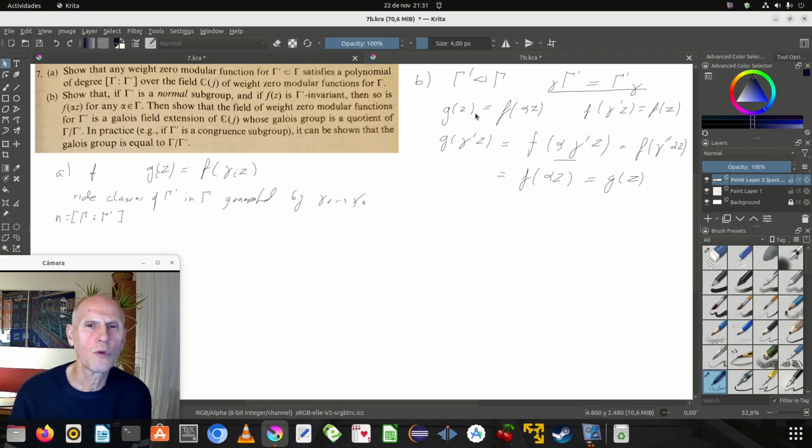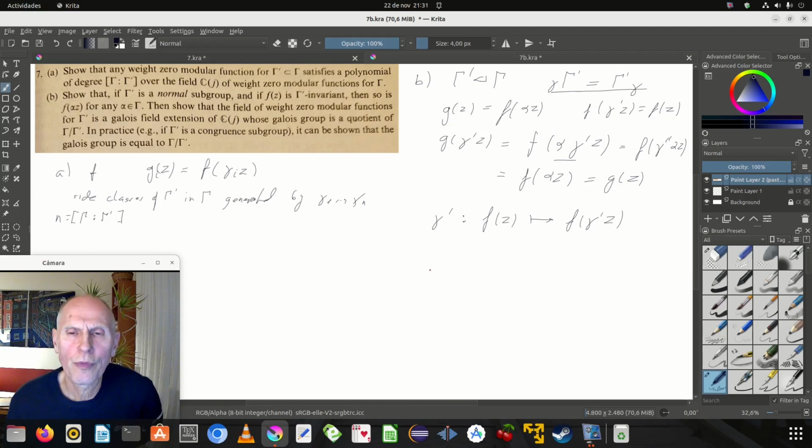And we have a group action, gamma mark works on the function, so f of z is mapped to f of gamma map z. And the kernel, what shall we call this map?